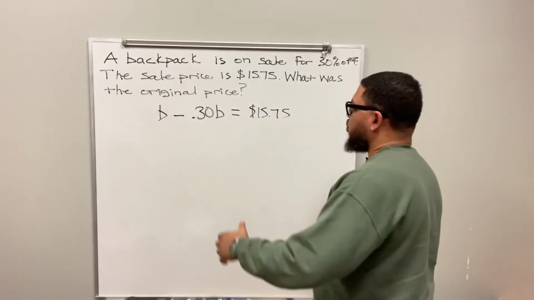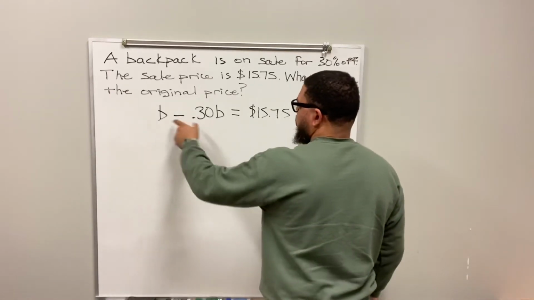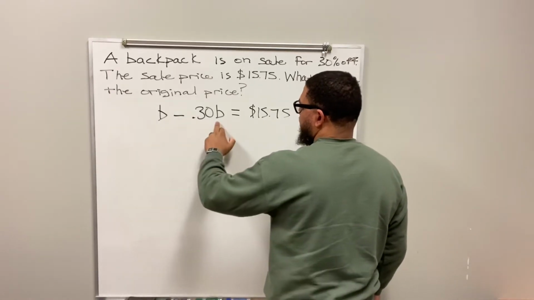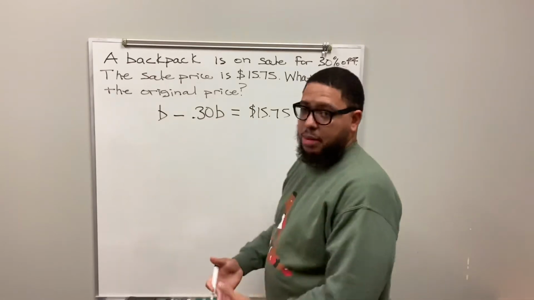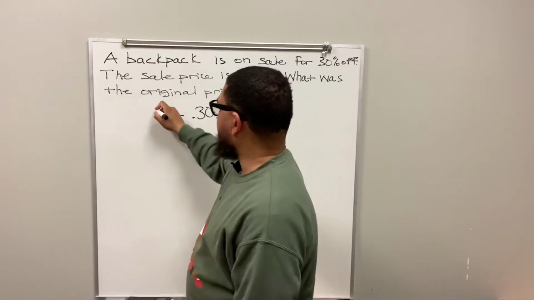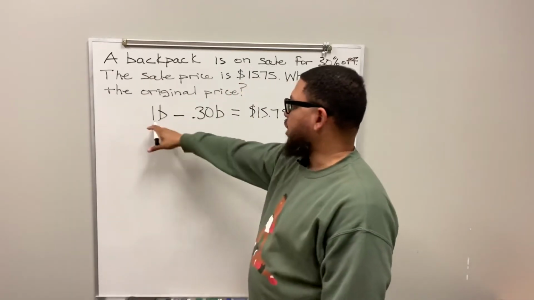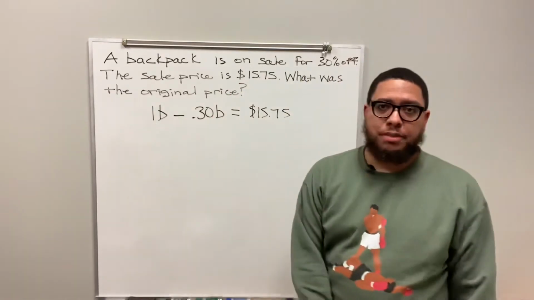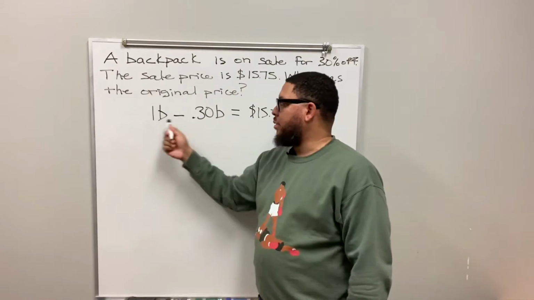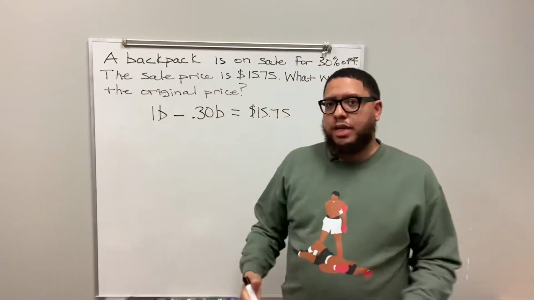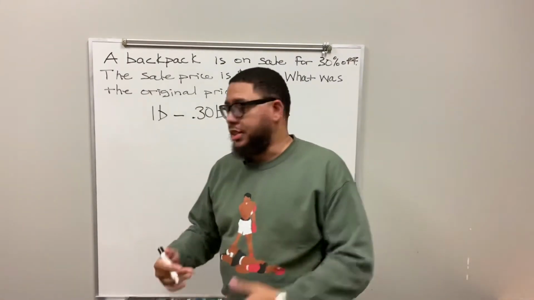All right. So on the left side of this equation, I have two like terms, B and B, right? I can combine those. So I got really 1B, because there's an invisible 1 in front of here. Boom. That's 1B, take away 0.30B. That's like saying $1 minus 30 cents. If I subtract 30 cents from $1, I'm left with 70 cents.